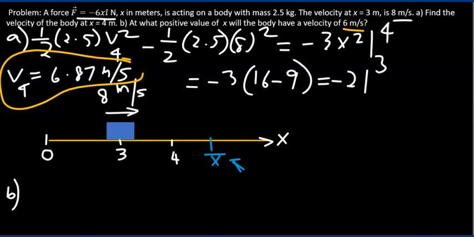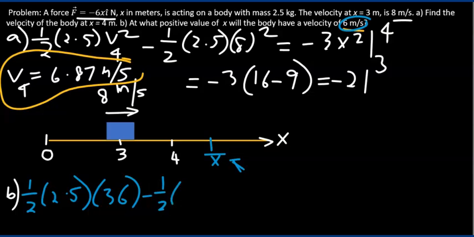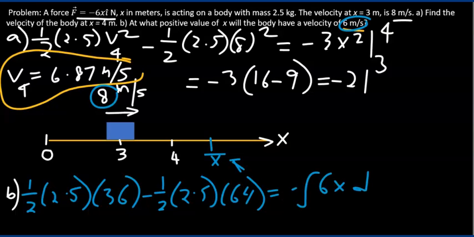So the kinetic energy there is quite simply half times mass, mass is 2.5, the speed we know is 6 meters per second, so squared that is 36, minus the initial kinetic energy, half, 2.5, and the speed there is 8, so squared that is 64, equals the work done by that force, which is the integral of minus 6x dx from x equals 3 to that unknown point x bar. The left hand side is minus 35.